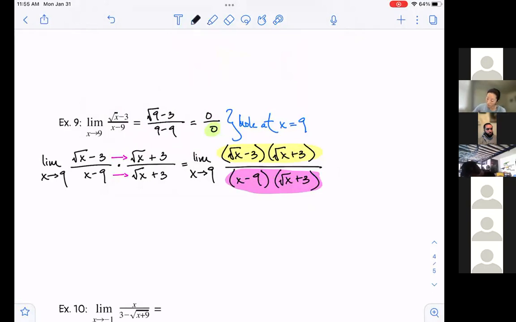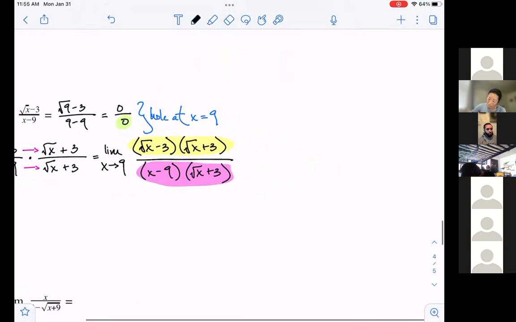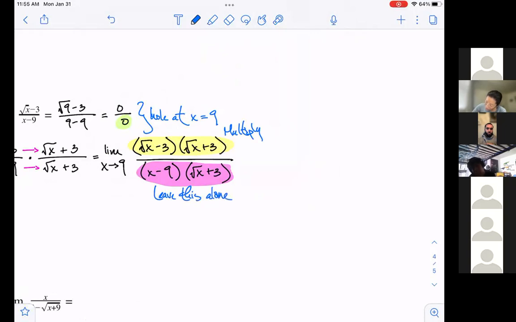Okay. So multiply this. I'm going to leave that bottom part alone, so I'm going to go ahead and write that there.